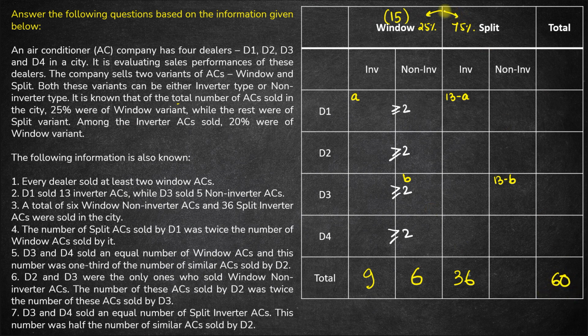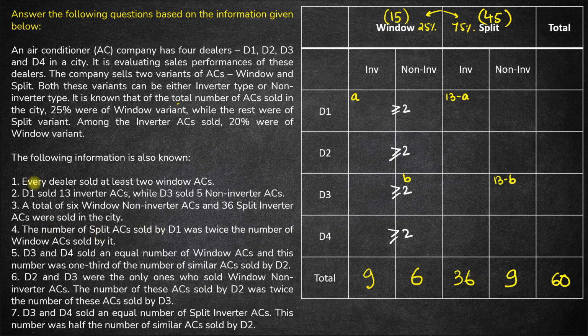If 60 is the total, how many split ACs will there be? 75% of 60, 3/4 of 60, is 45. So we'll have a total of 45 split ACs, and out of these 45, 36 are inverter types. So the non-inverter types will be 45 minus 36, which is 9. Right? So far we have this table. Fine.